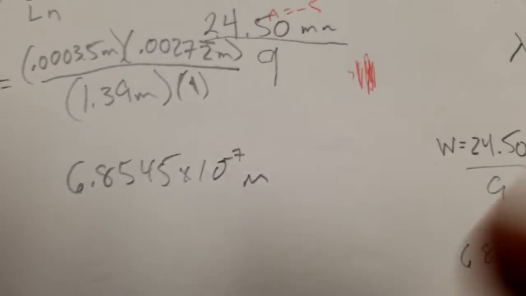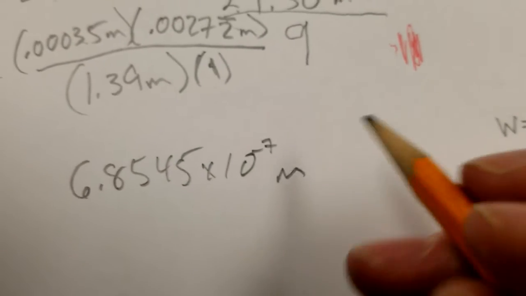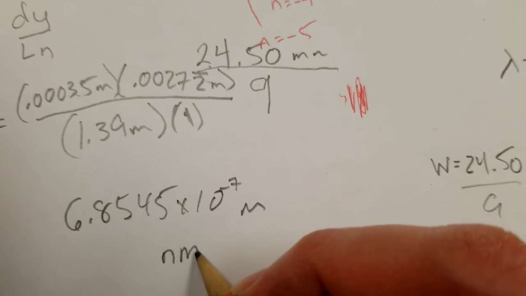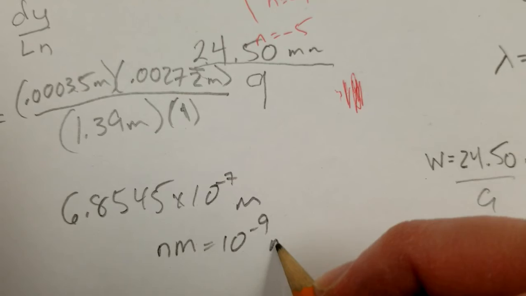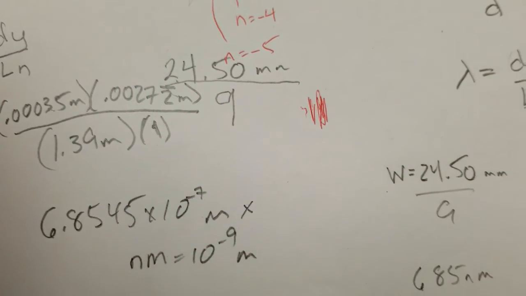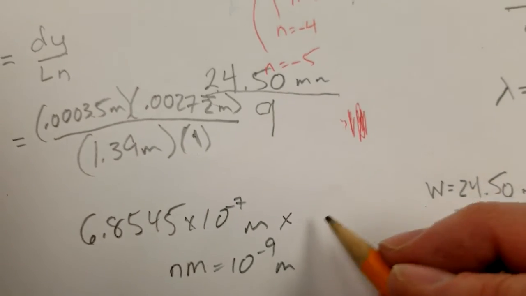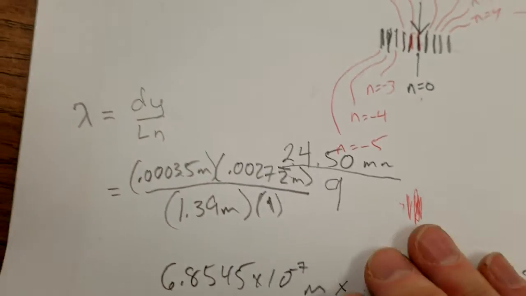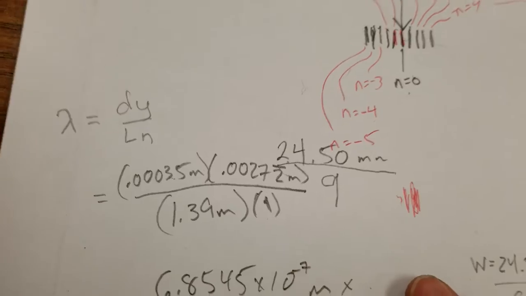Is that correct? Let's put this in a slightly different form. A nanometer is 10 to the negative 9th meters, and I want to convert this into nanometers because that's generally how the wavelength of light is expressed.